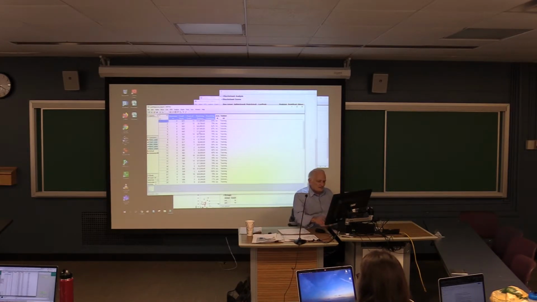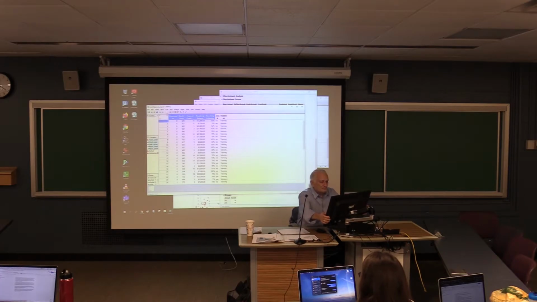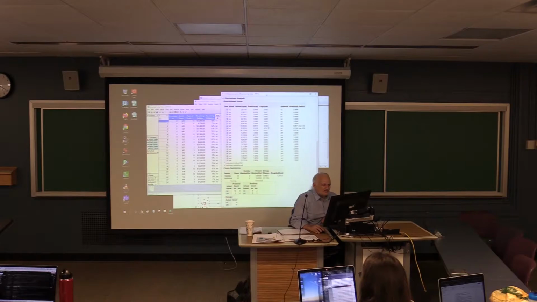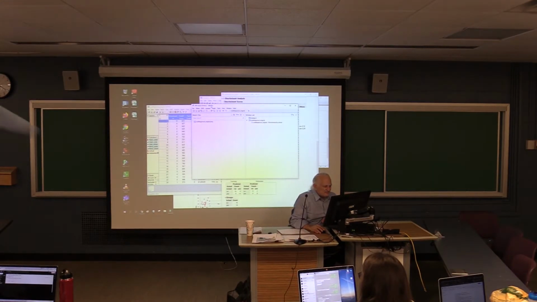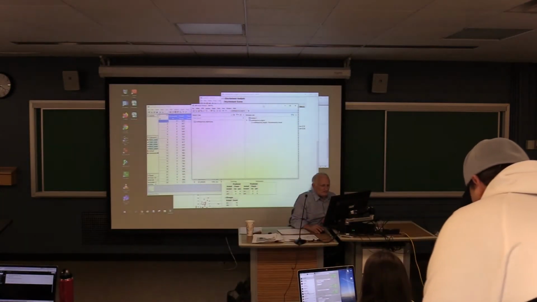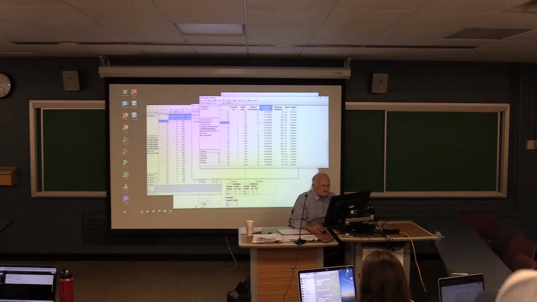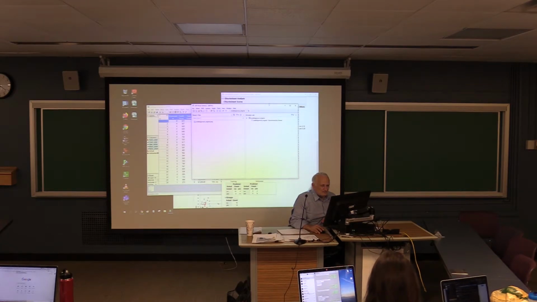JMP allows you to create incredible amounts of very useful output. At the same time, it creates a lot of windows.